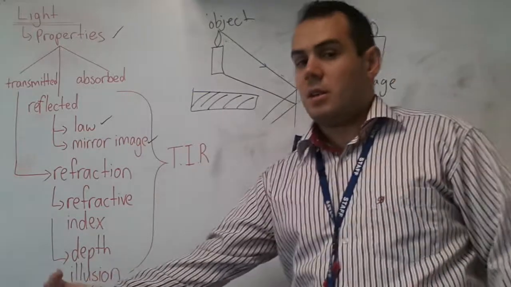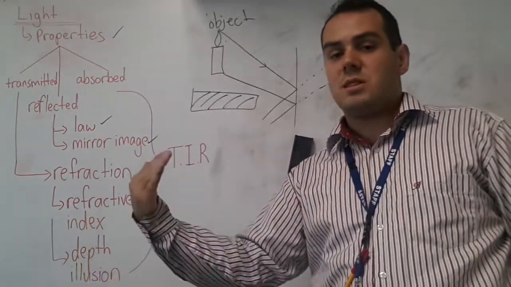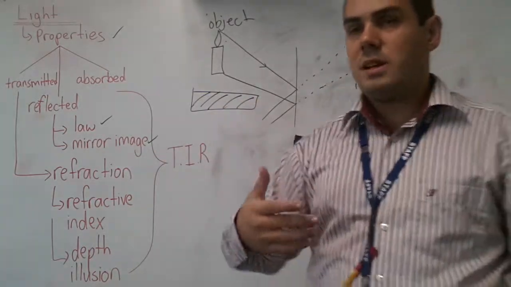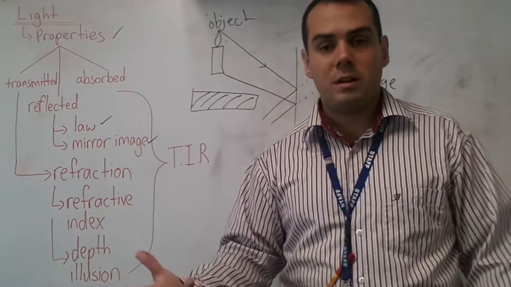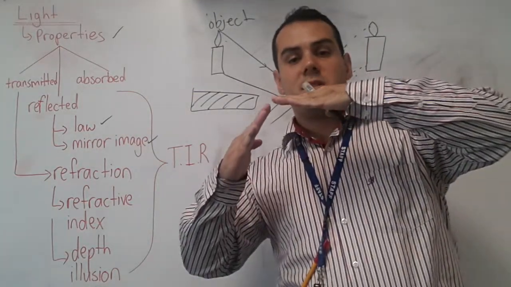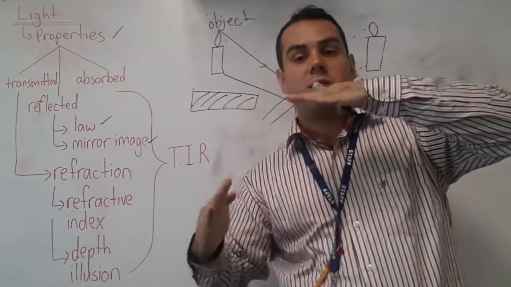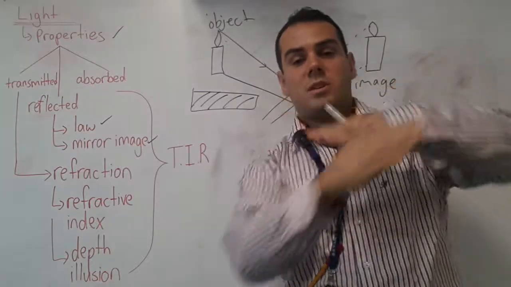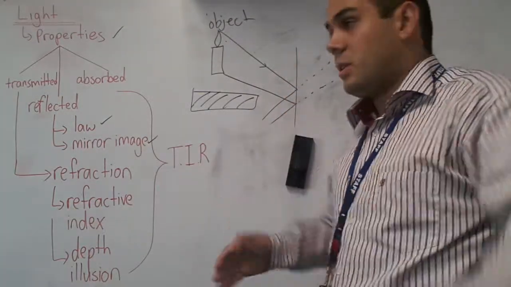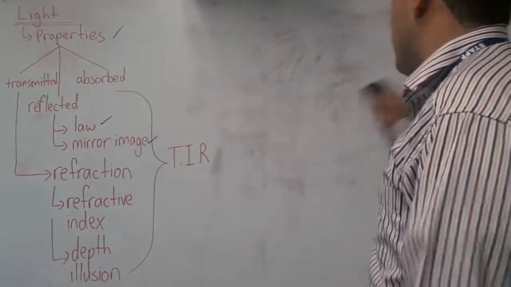It's because the light that's coming off their feet is being refracted. As soon as it leaves the water and enters air, it changes speed because light rays travel slower in water. And as soon as they hit the surface of the water-air interface, that light ray gains speed, so it changes angles. So it was traveling like this, and then it just starts traveling in a different direction. So you think that the feet are actually higher than what it is. So that's what refraction is.